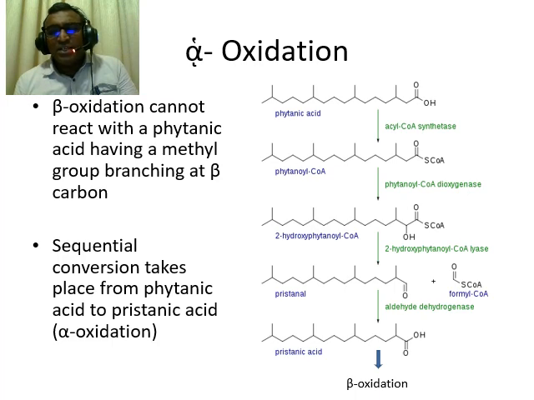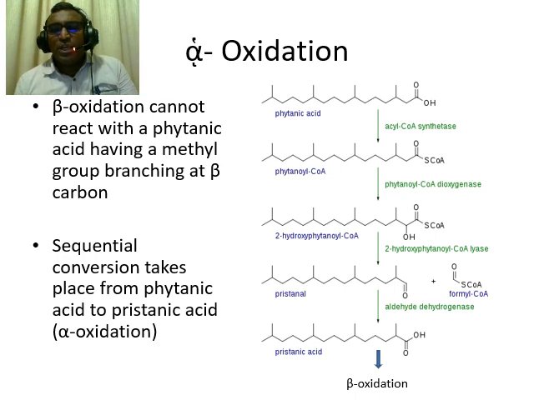This phytanic acid, unfortunately, since it has the beta carbon with a methyl group, cannot enter beta oxidation. Firstly, it will undergo alpha oxidation, where the modification will take place to remove that methyl group from the beta carbon.